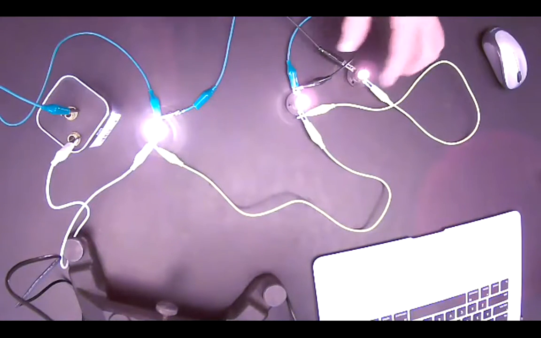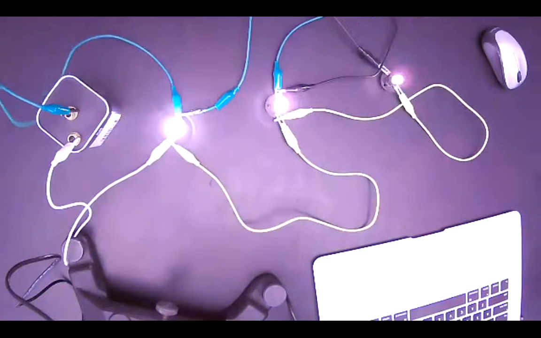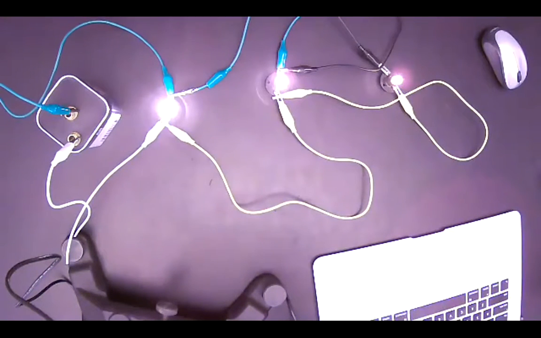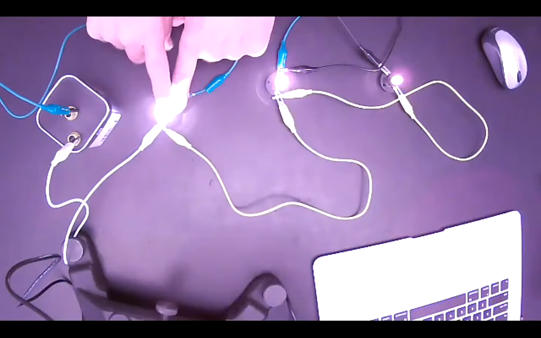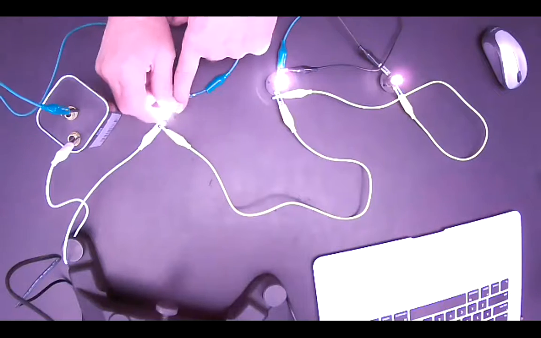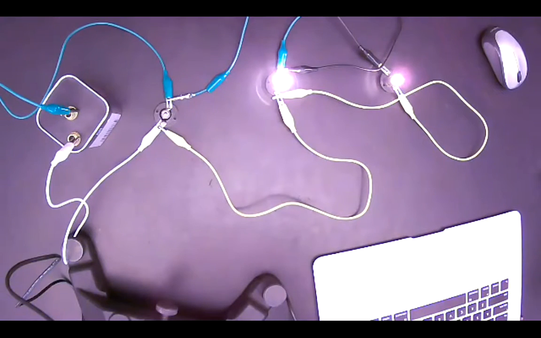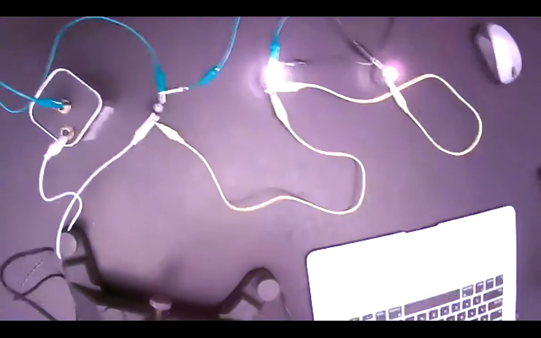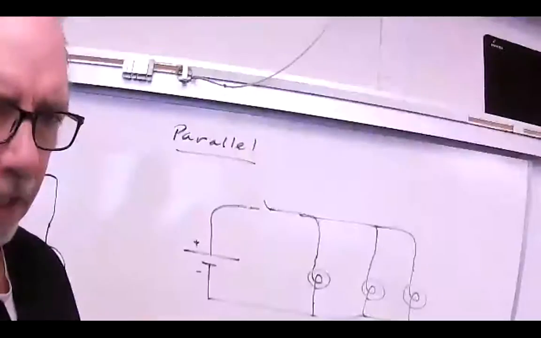All right. Now, notice that the light bulbs are brighter than they were before. Huh. Well, there's a reason for that we'll talk about after you do the lab. Now, what's going to happen if I unscrew this light bulb? Well, let's find out. Oh, the other light bulbs stay on. Why is that?